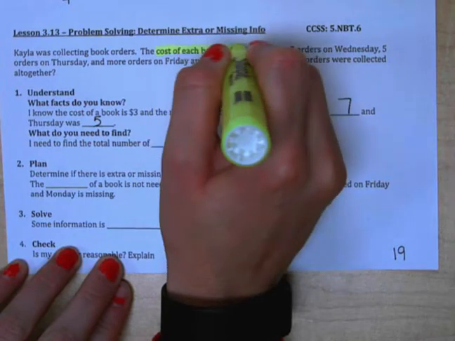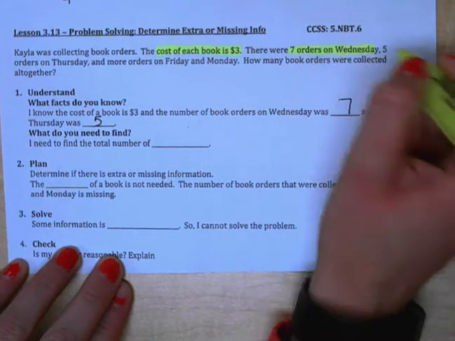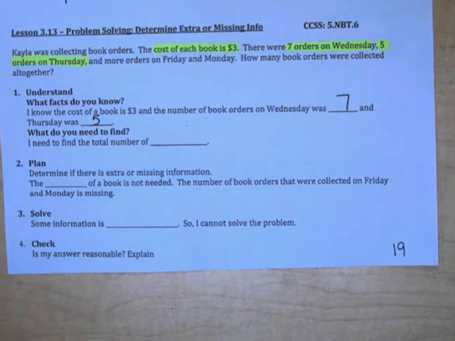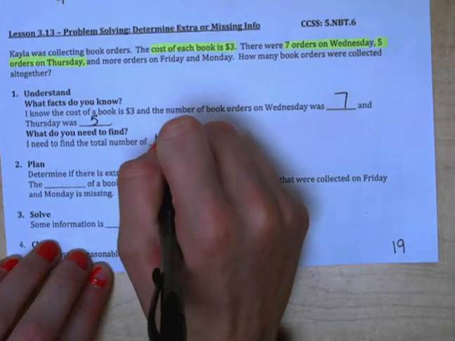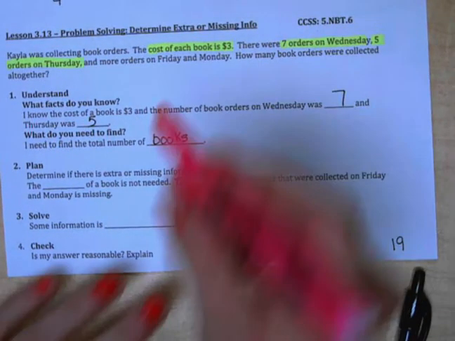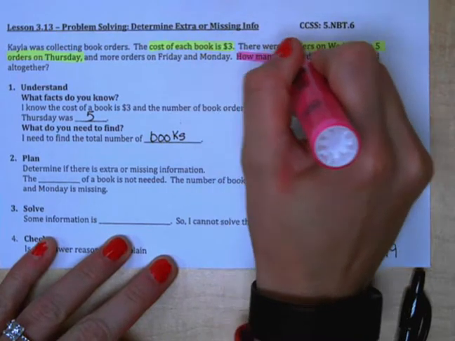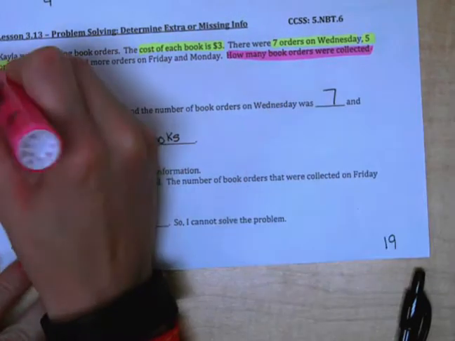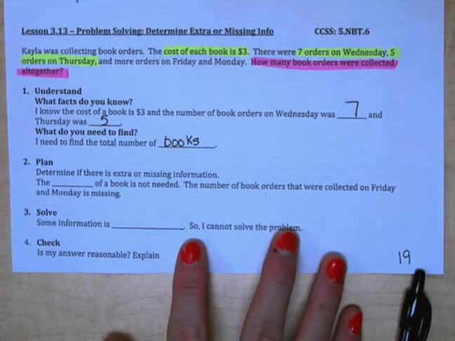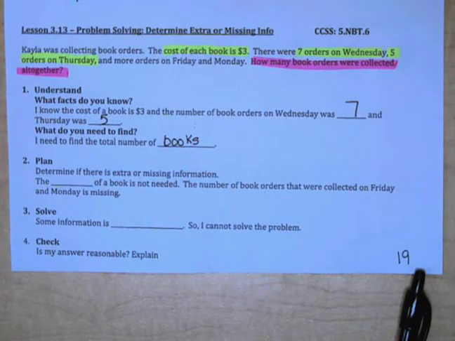The cost of each book is $3, 7 orders on Wednesday, 5 orders on Thursday, and we need to find the total number of books. I'm going to highlight that in pink. Usually what you need to find is almost always the last sentence in your story problem, and it's the question.